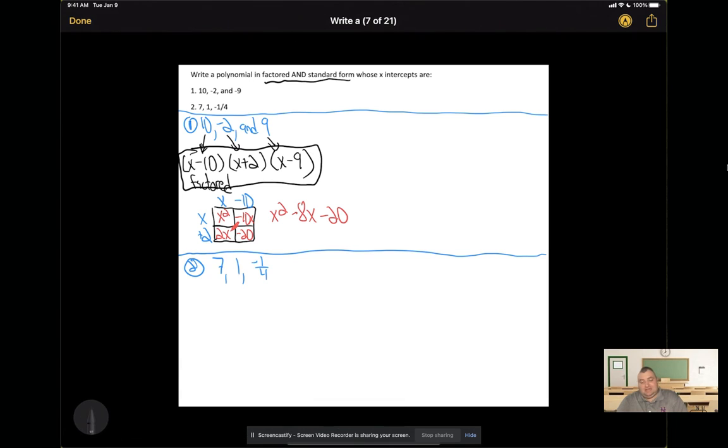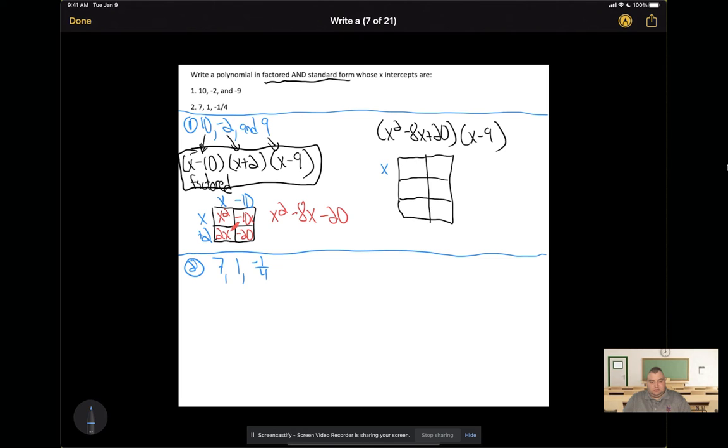Now I'm going to take that and multiply it by the third factor, which was x minus 9. So now I'm going to do a 3 by 2 box, since I have a trinomial and a binomial.